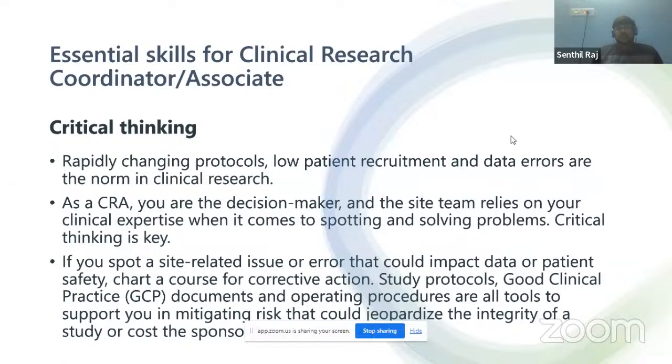And then sometimes there might be low patient recruitment also. In this case, we have to ask about the consenting process, all those things, and think from the study participant's side, how they will be working together and how they will be thinking. They might have hesitation to participate, right?